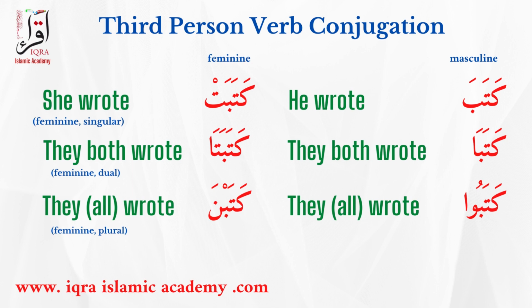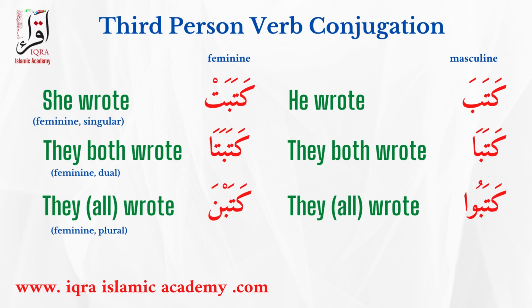Kataba, he wrote. You can see that kaf, ta, and ba are the base letters for the verb writing. Kataba, he wrote. When we add an alif at the end, it becomes kataba, they both wrote.